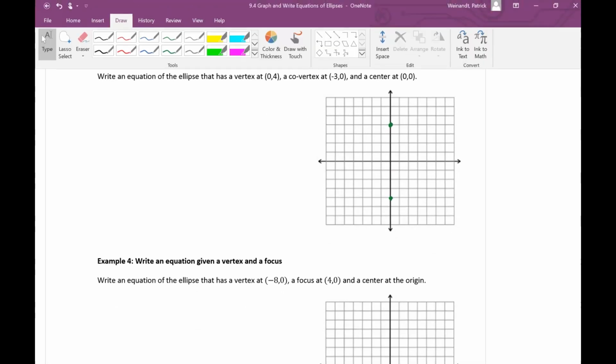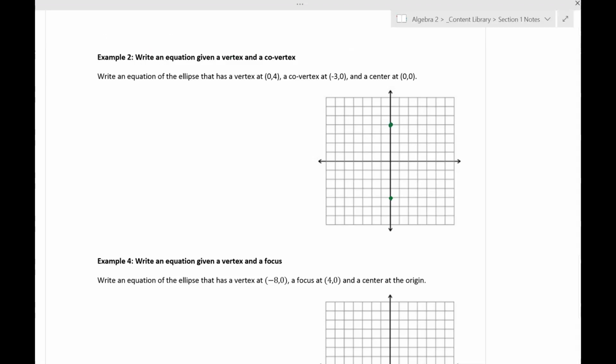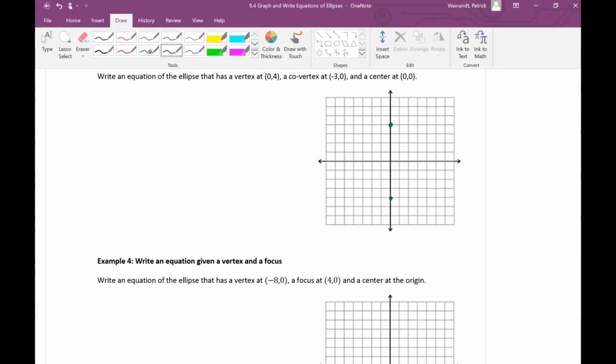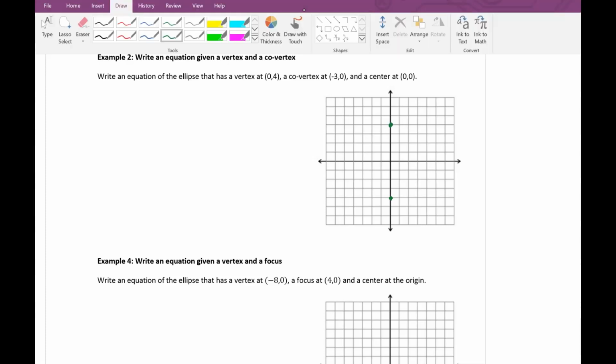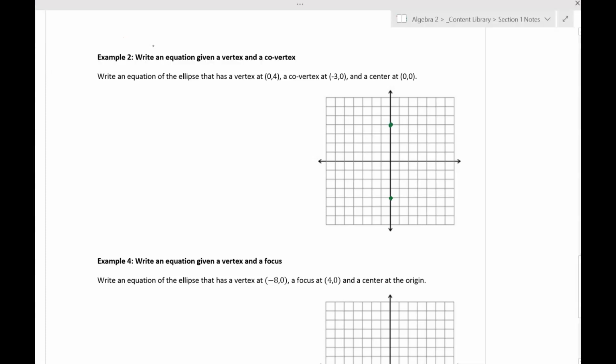We can plot two points from there. So it's negative 3, 0, and positive 3. So you can kind of see this is going to be going up this way.